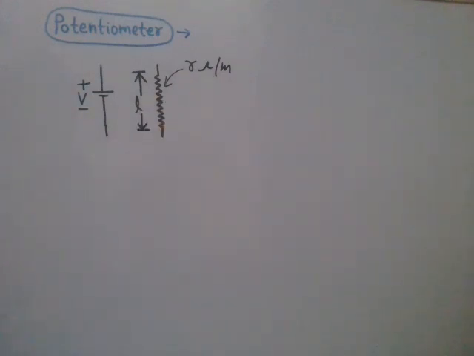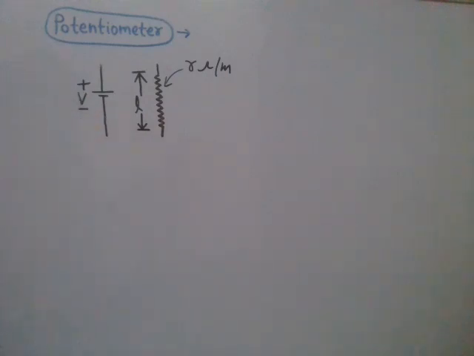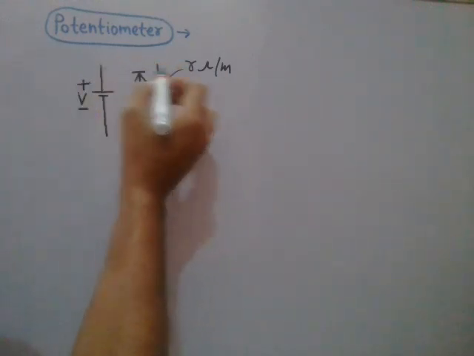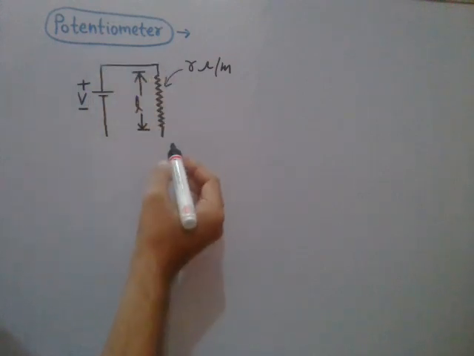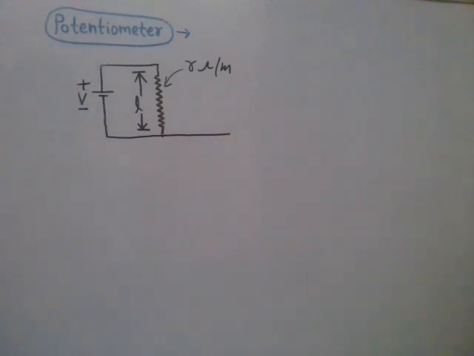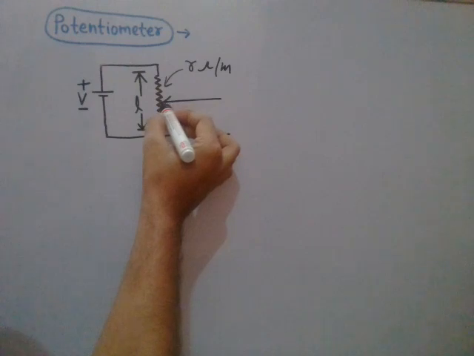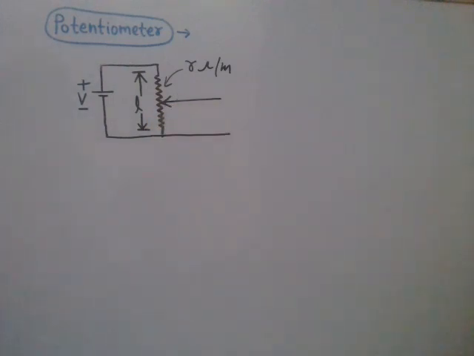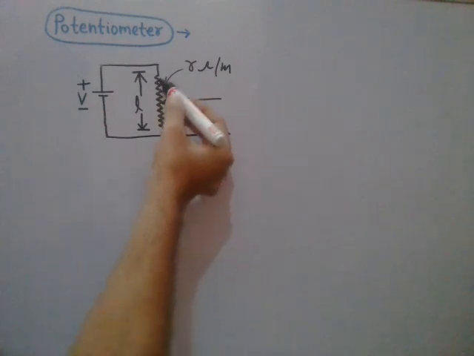And here is a DC battery of voltage V that I am going to connect across length L of this wire. There is one stylus which is moving on this wire over this length L.